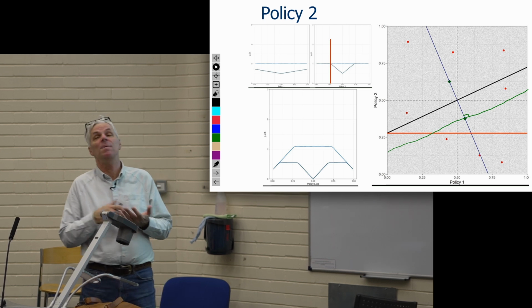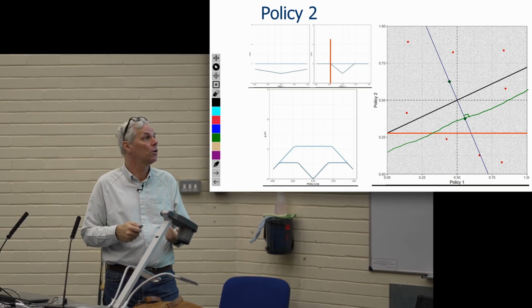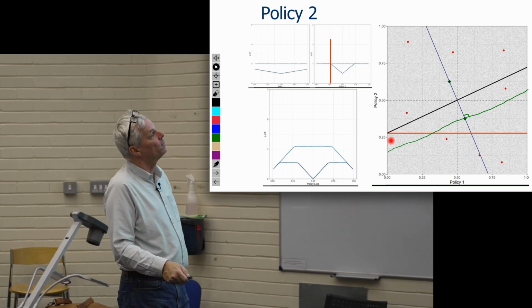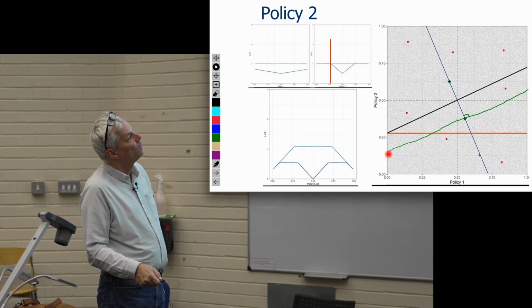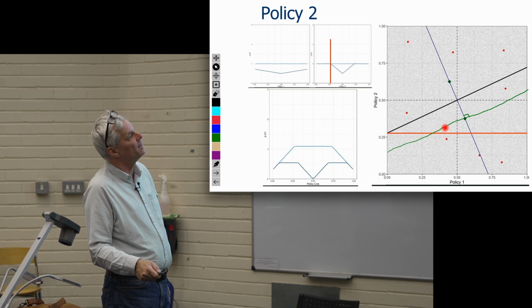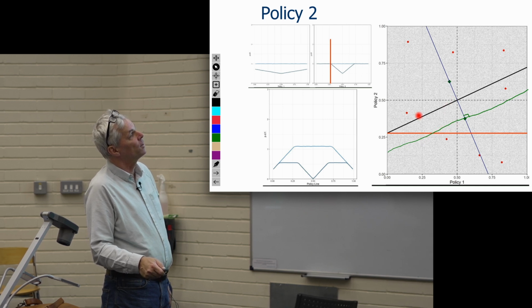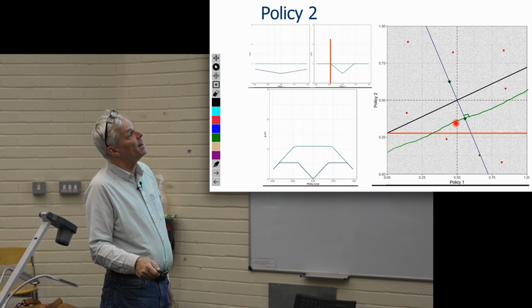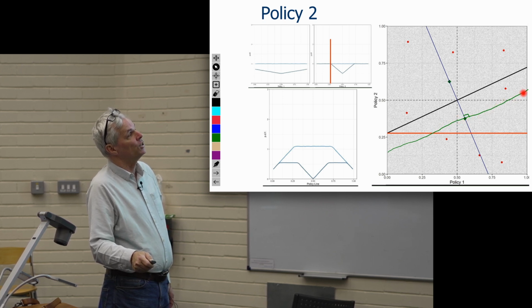Now we want to see how many people have cognitive dissonance and how many people don't. Right, so if we move along this line, we say, well, these guys have cognitive dissonance. These guys have cognitive dissonance. These guys have cognitive dissonance, just like those guys did in the past. But now these guys don't, right? And then these guys do.